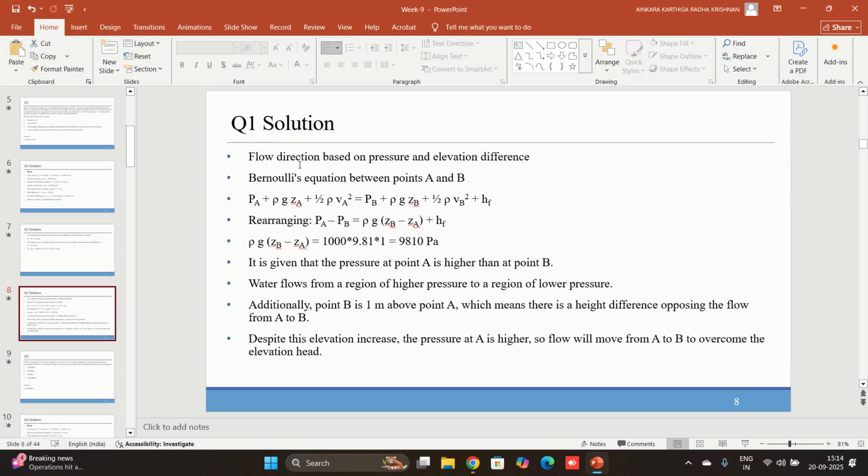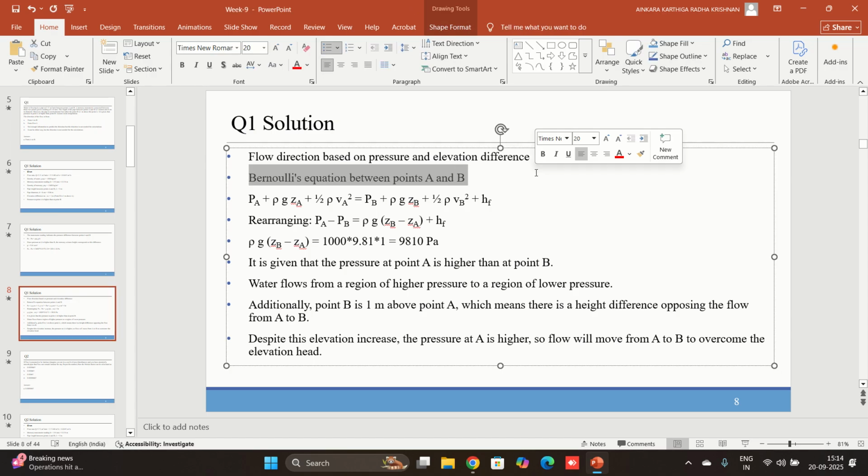So flow direction will be based on pressure difference and the elevation difference. So if we write Bernoulli equation between points A and B, what will we get? PA plus rho g ZA plus half rho VA square equal to PB plus rho g ZB plus half rho VB square plus HF. So if we take velocity to be almost the same between 2 points, what else will be left with?